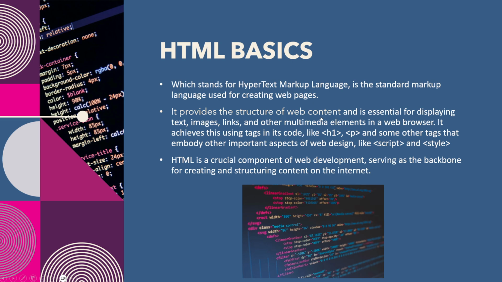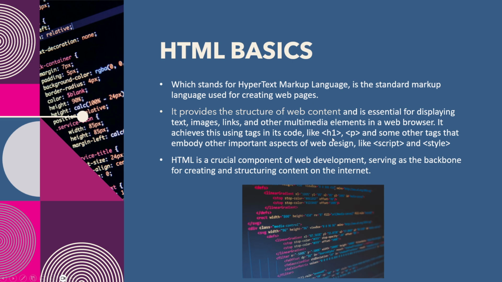It provides the structure for web content and is essential for displaying text, images, links, and other multimedia elements in a web browser. It achieves this by using tags in this code like h1, p, and some other tags that embody other important aspects of web design like script and style. These tags represent different types of elements.